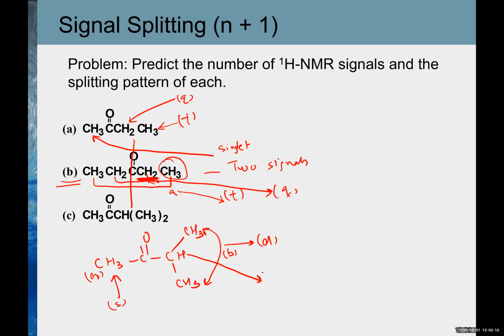Well, no, because all of these three and these three, 6 of them, are in the neighborhood, and all 6 are equivalent. So it will be 6 plus 1, so it's 7. 7 is called a septet, or you can just say the multiplicity will be 7 in this case.